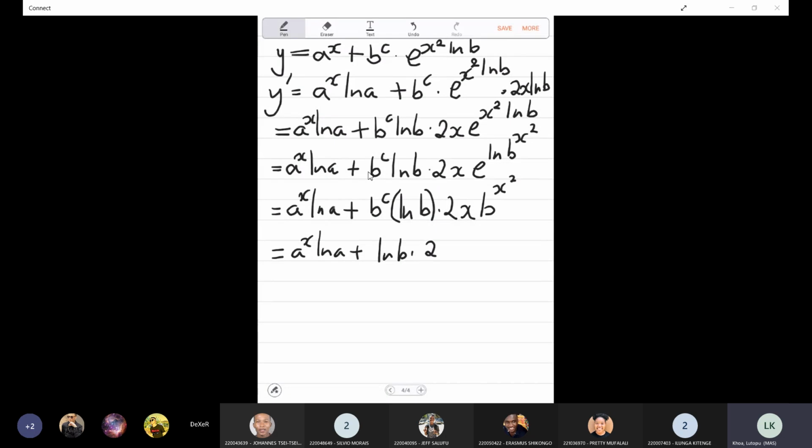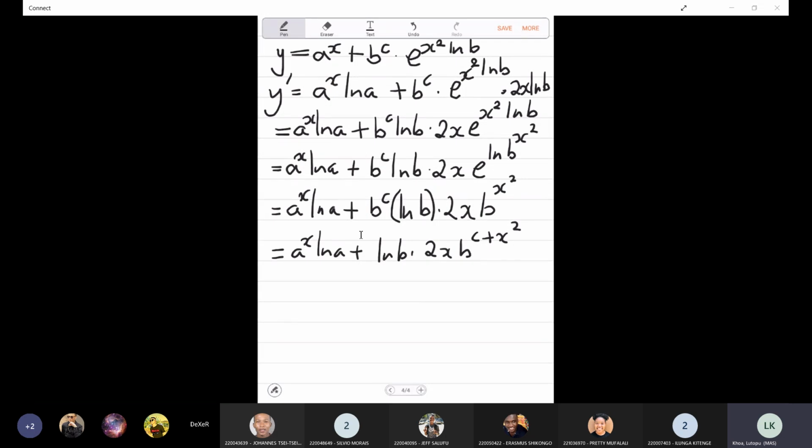So this, it's by itself, 2x b to the power of c plus x squared. So the derivative is, yeah, this pretty much, and then everything I've done after that is just trying to make it look a little bit better.